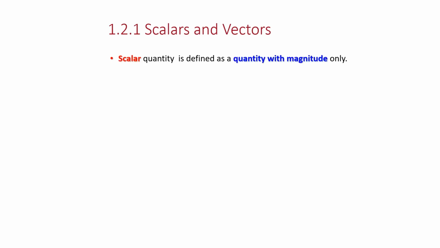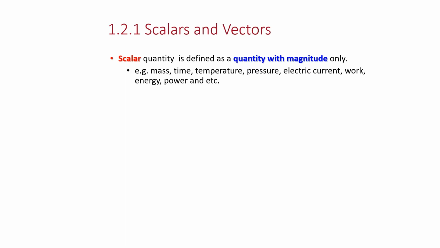Do you know that physical quantities have two types, either scalar quantity or vector quantity? 1.2.1 Scalars and Vector. What does it mean by scalar quantity? Scalar quantity is defined as a quantity with a magnitude only.